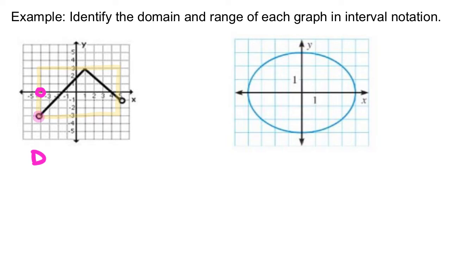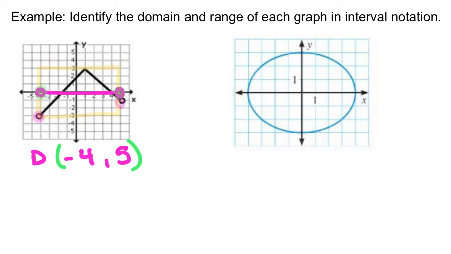And then the furthest to the right it goes is this open circle here. So I can have an open circle at 5. And it's this area between the two numbers. So my two key values are -4 and 5. And since both of these are open circles, I would include a parentheses on both sides.